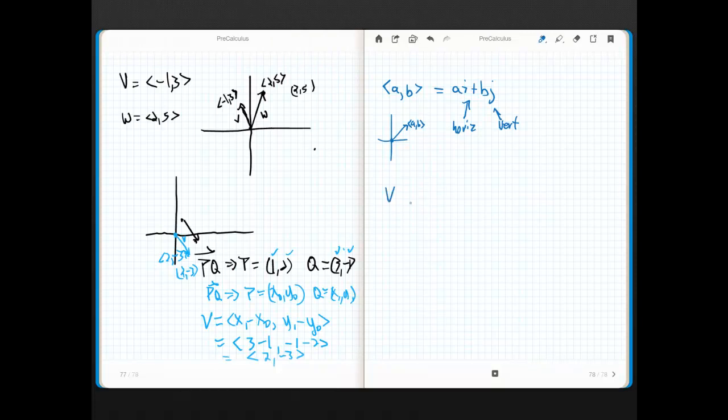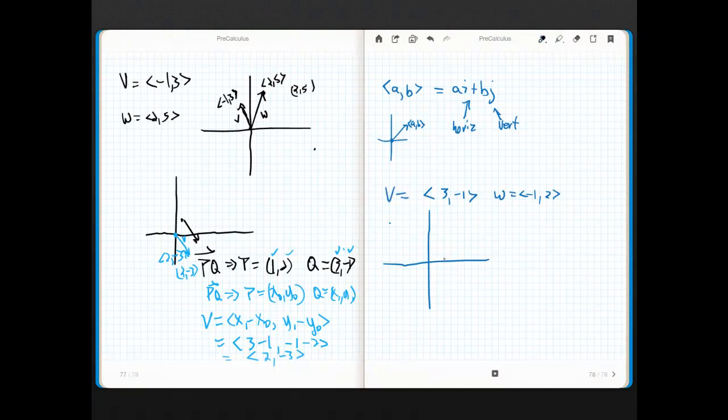So check this out. Let's say that I have v equals, I don't know, 3 comma, let's go 3 comma negative 1. And let's say that w is equal to negative 1 comma 2. All right. Now let's look at these things real quick. We'll put them over here, put them on the Cartesian plane. I'm going to use black. All right. So here we go. 3.